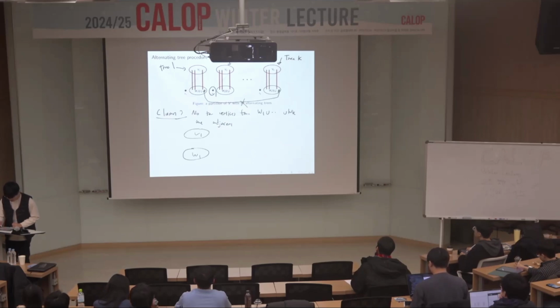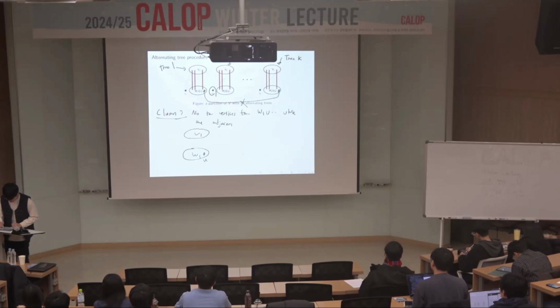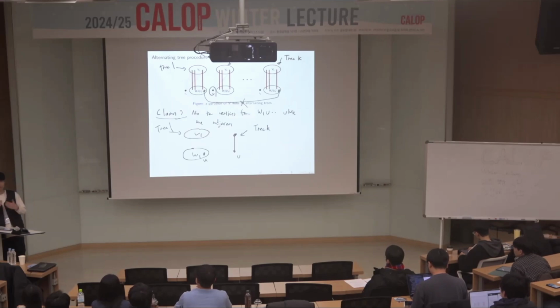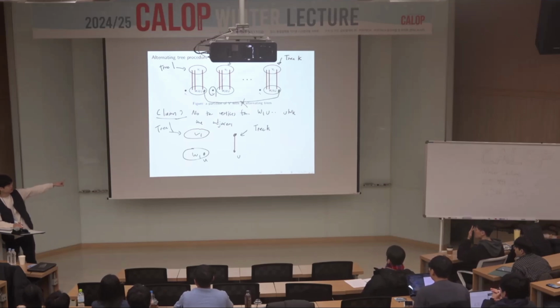Let's say I have this vertex U, and I have V from WK, and I also have this matching edge in tree K, and this is tree 1. By our assumption of how we grow our tree, we know that tree 1 is maximal, and in tree K, this vertex V is not part of the first tree.